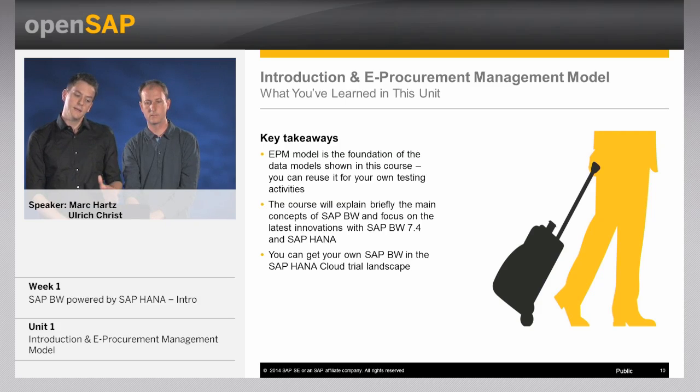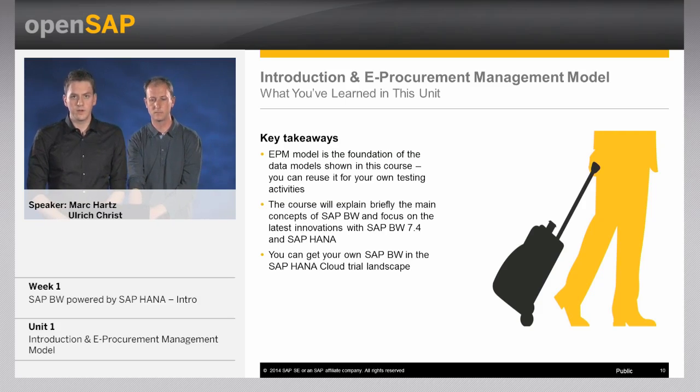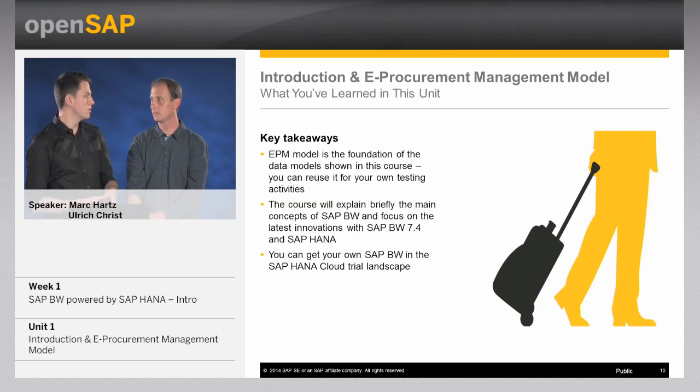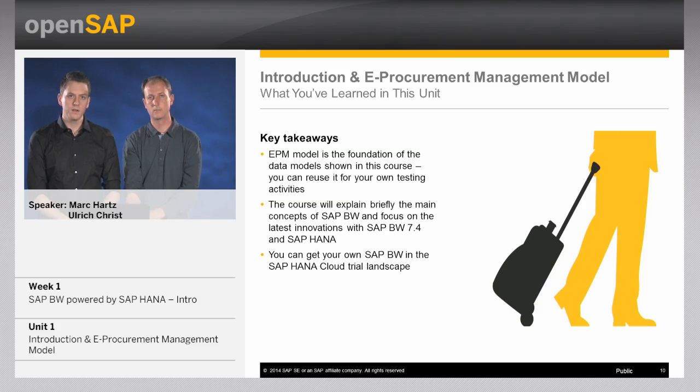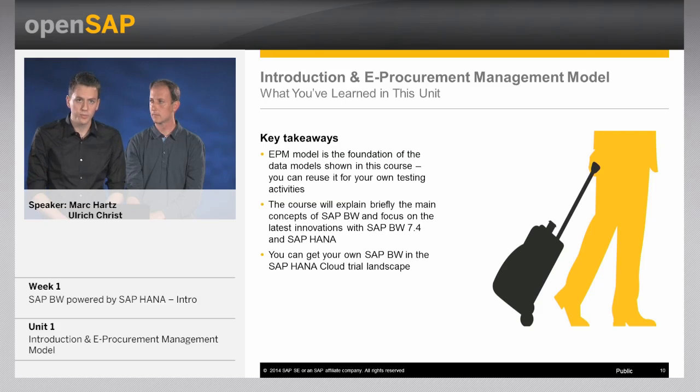The course we will start in this week also with the introduction of the key concepts of BW in general. So what is the info object, for instance, such important things. But then we will really fast go to the HANA specifics, to the latest innovations. Okay, so the next week or the next unit will then be focusing on why we are doing data warehousing in general.